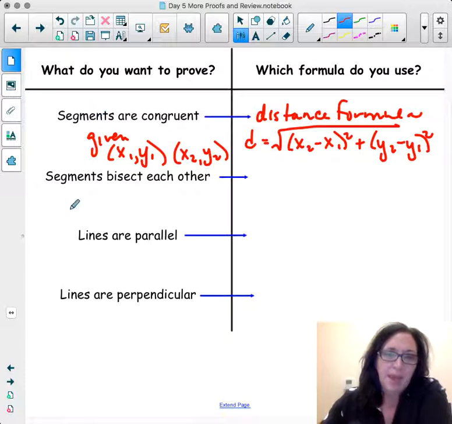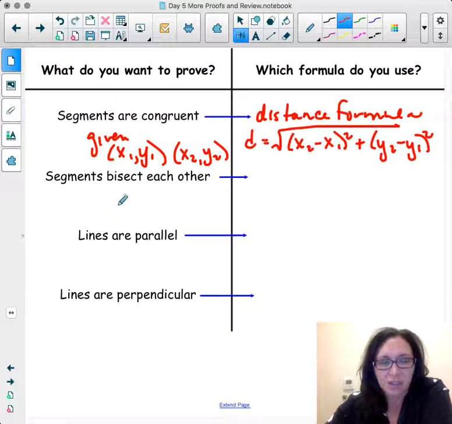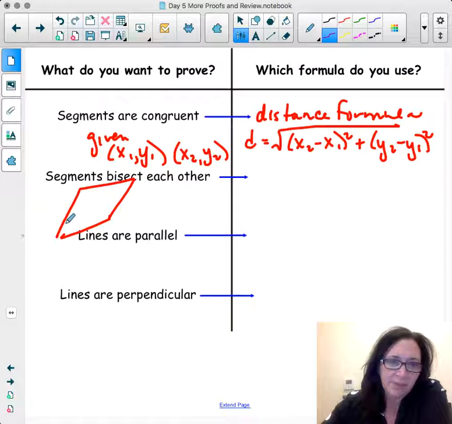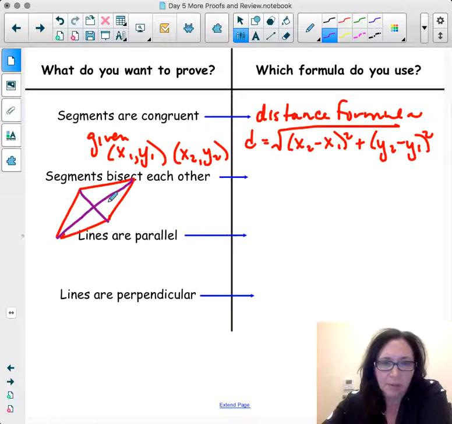In order to prove that segments bisect each other, what you need to remember is if you have any shape and you want to know if the segments bisect each other, the segments are going to have the same midpoint if they bisect each other. So what you're going to use is the midpoint formula.